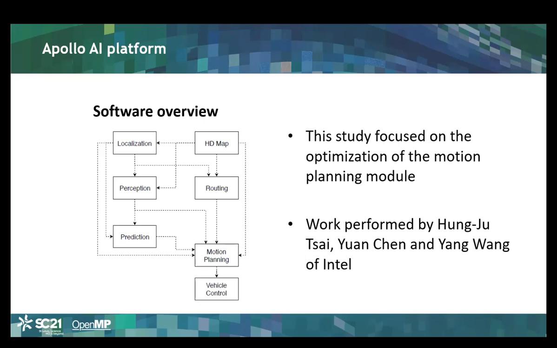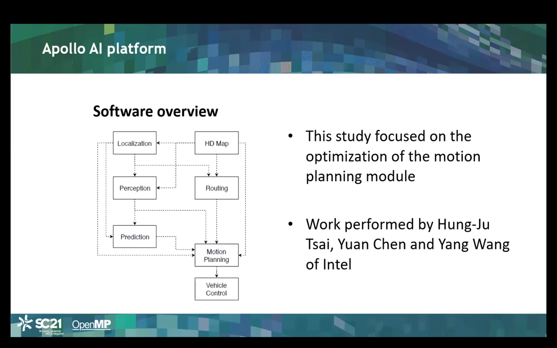So the design of the software is shown here. Again, it has a localization step: where is the vehicle located? Perception of the objects around it. It's using the high definition map. The system does a prediction of different routes, which are passed to the motion planning module.